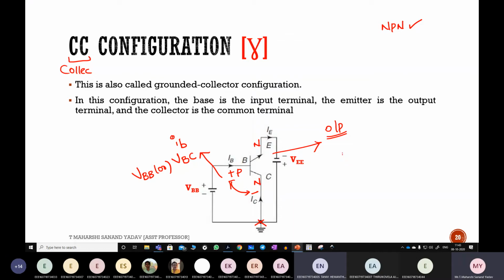Output current is IE. Voltage is VEE, or VCE, or VEC? VCE. Check this polarity. This is positive, and positive is connected here, negative from positive to negative. This is nothing but VCE. Okay.